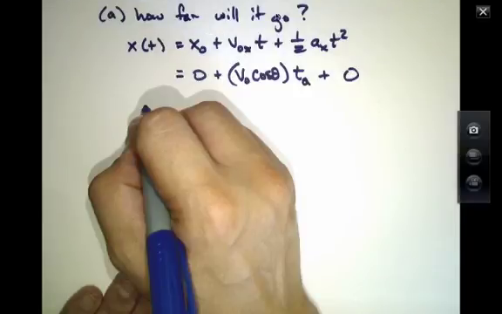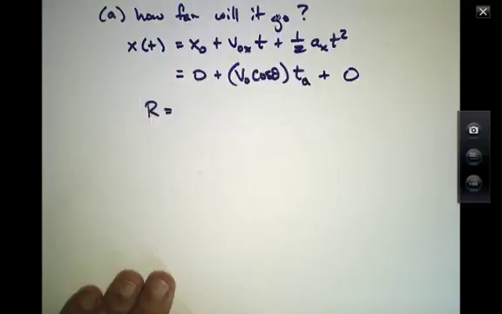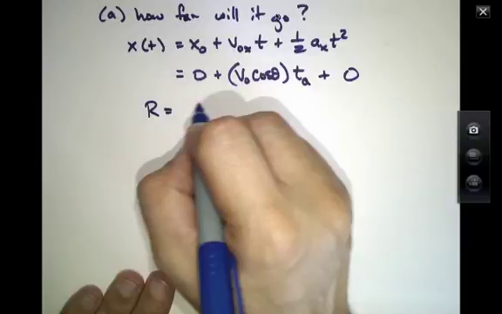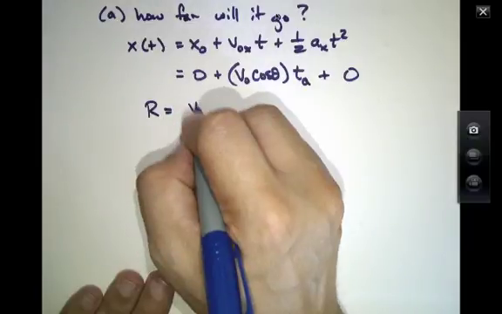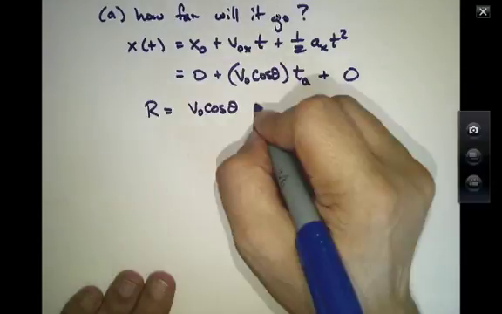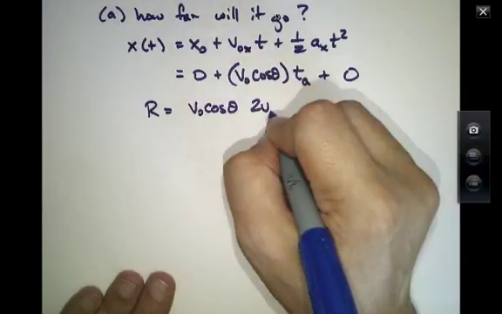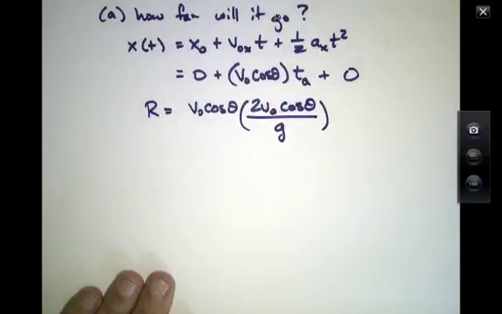So this total x, which we'll call the range when the ball strikes the ground again, is v naught cosine theta, and I have to put in the time for the ball to reach the ground, where that time is.